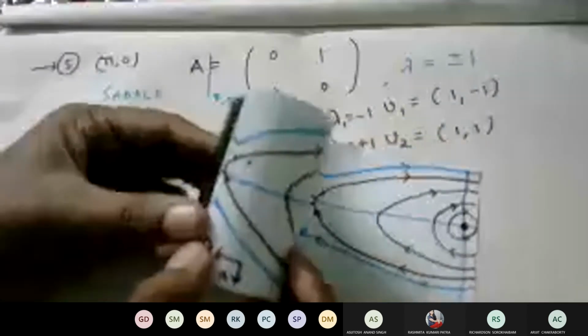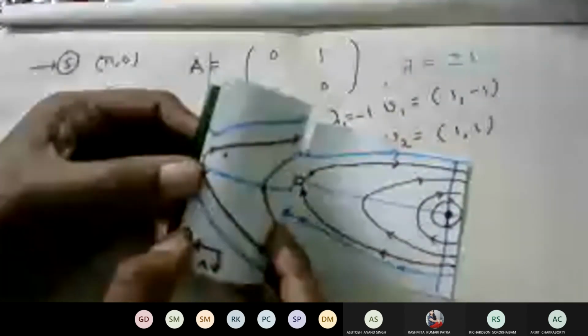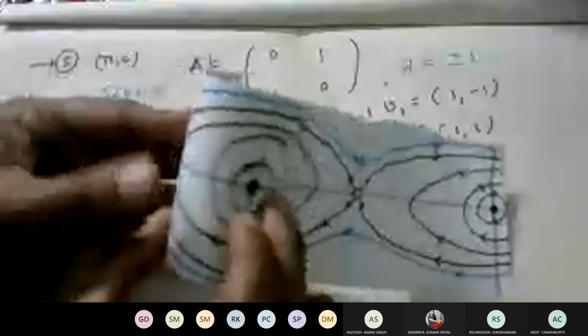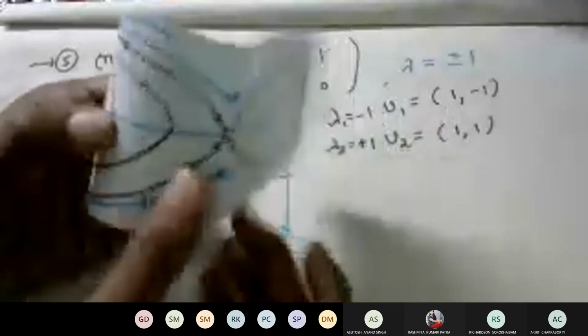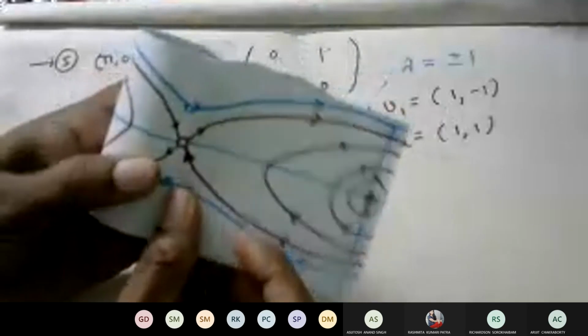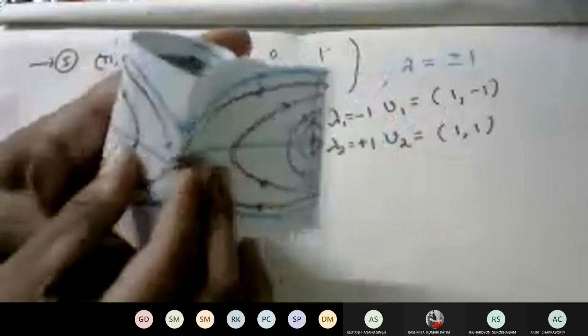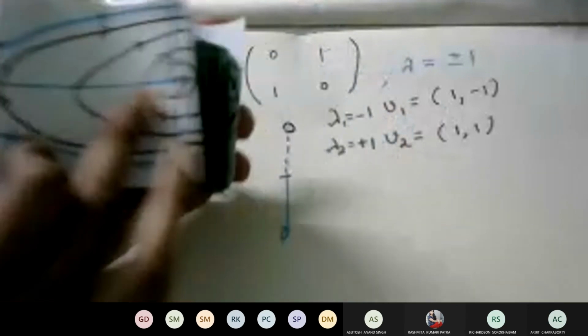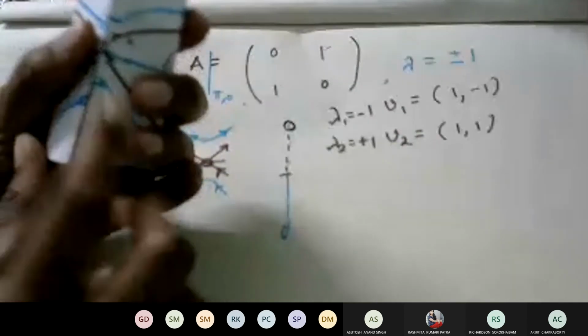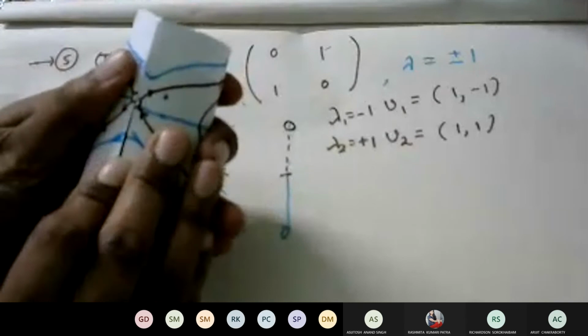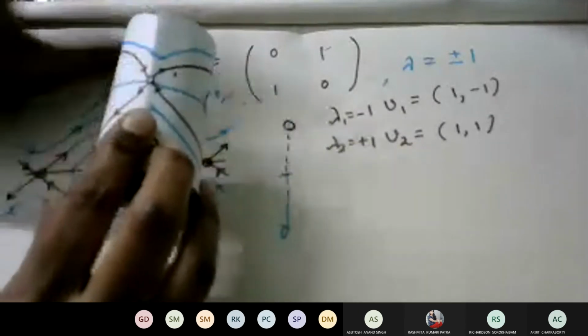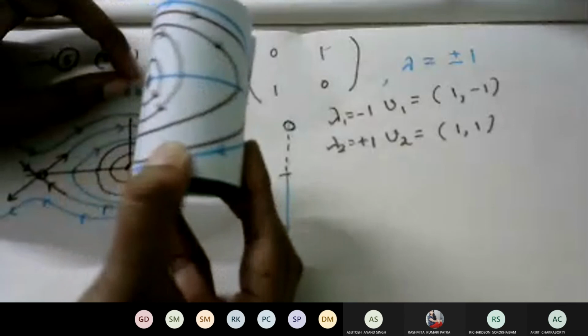I start by a saddle here, and I go on reaching the 0, and then when I reach the other side, if I just remove this part, and I stitch it on top of each other like this, then I have this entire repetitive picture.